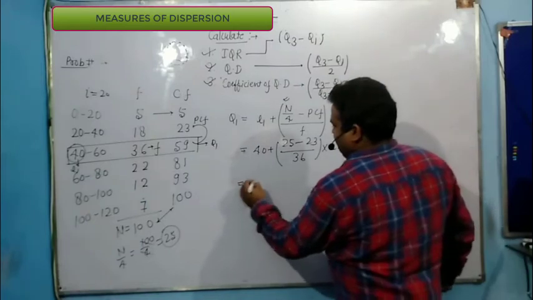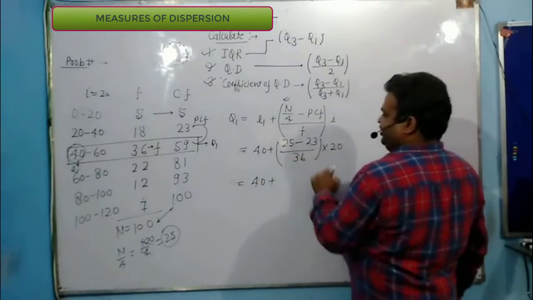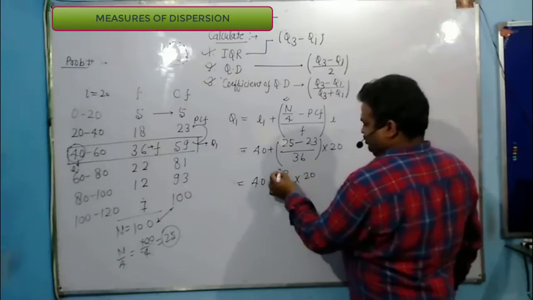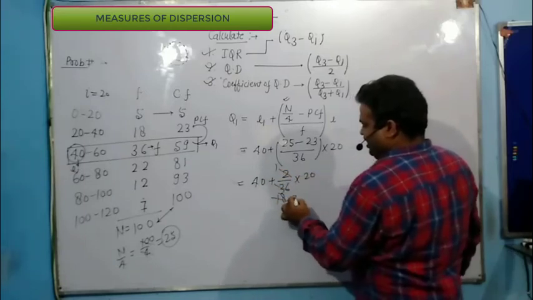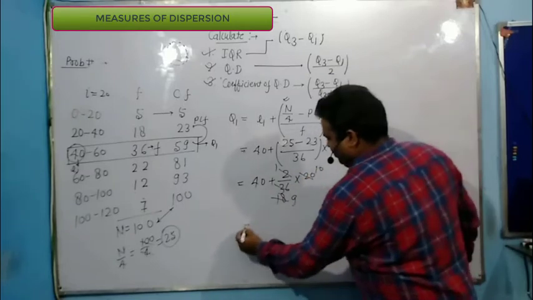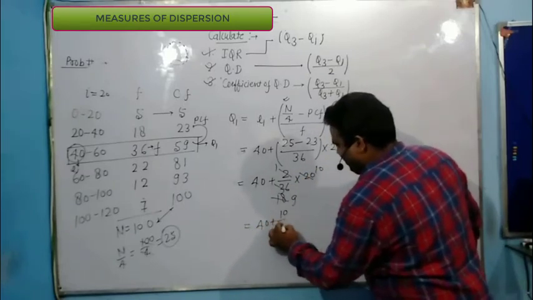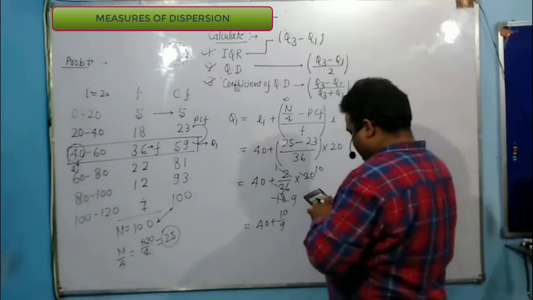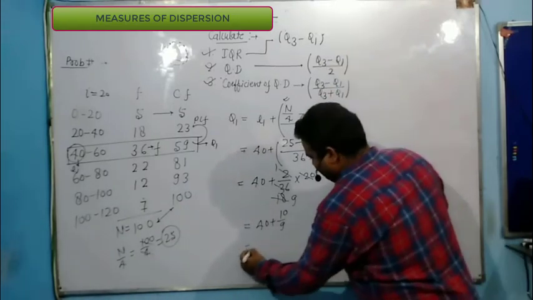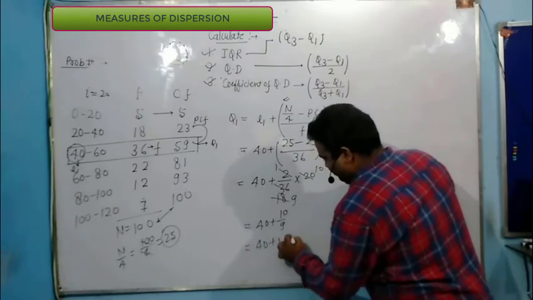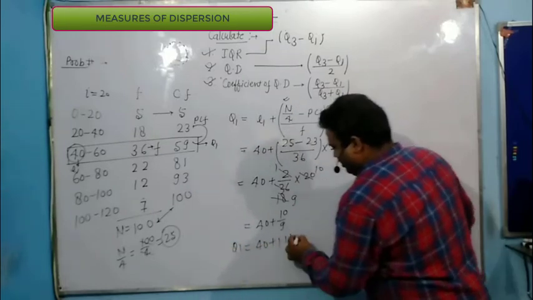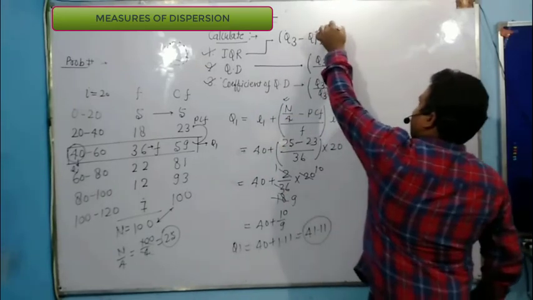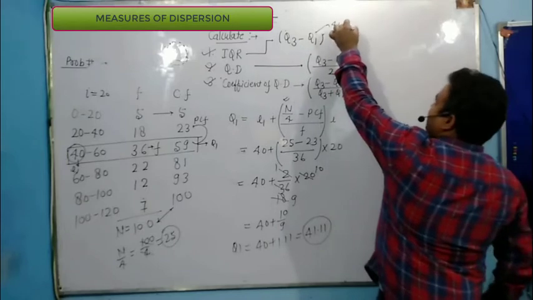So 40 plus 2 divided by 36 multiplied by 20 gives 40 plus 10 by 9, which is 1.11. So 40 plus 1.11, and my Q1 value is 41.11.